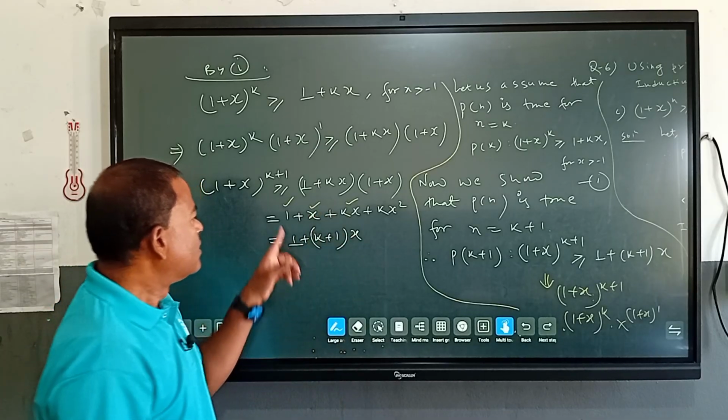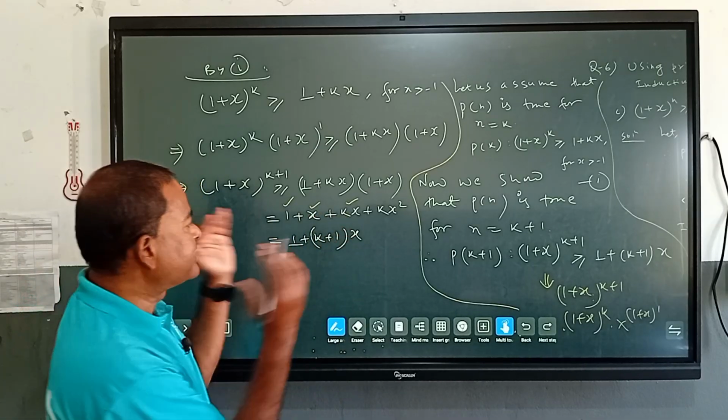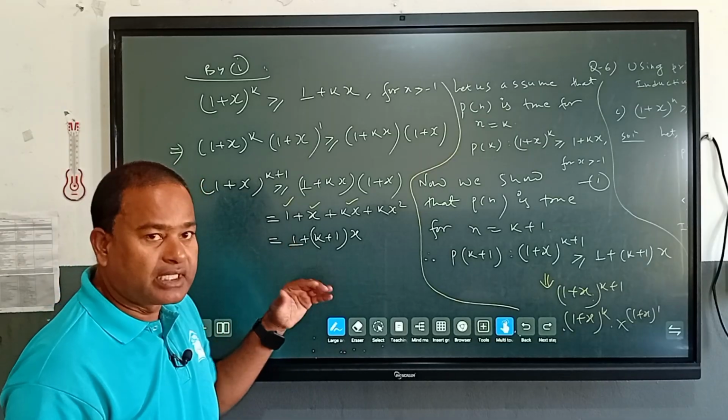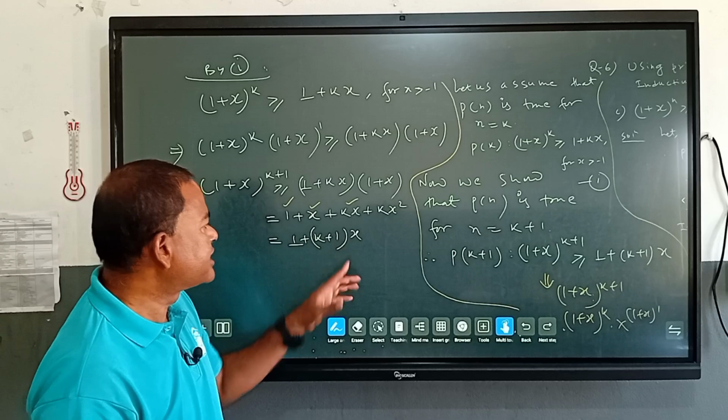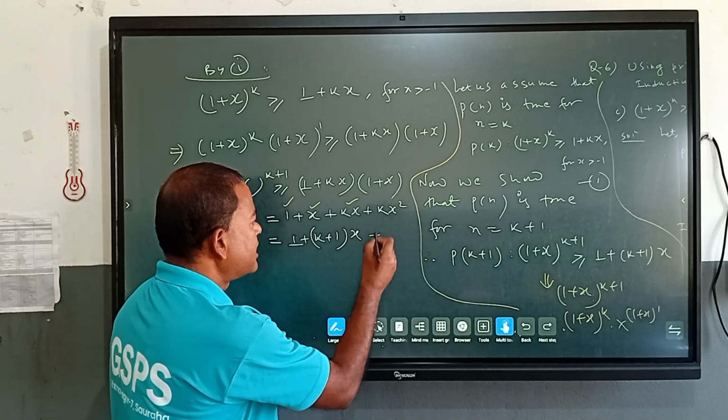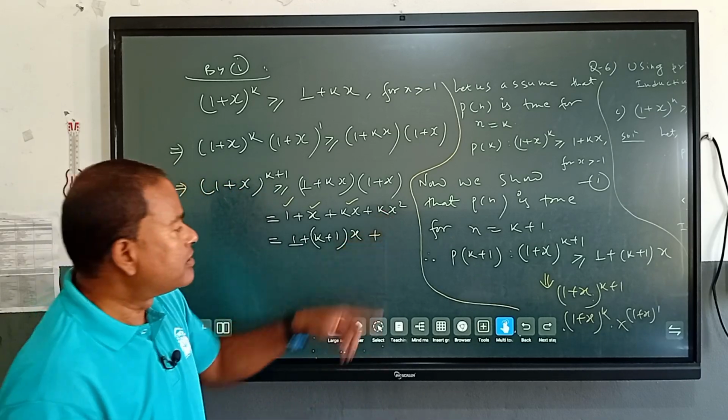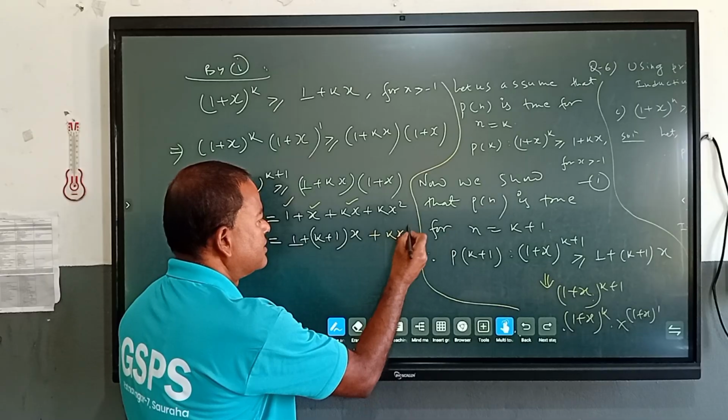So dear students, all these three terms are exactly the same as 1 plus k plus 1 x. Now the remaining extra term is kx squared.